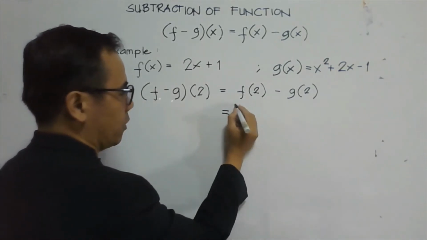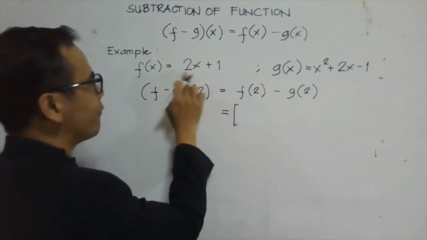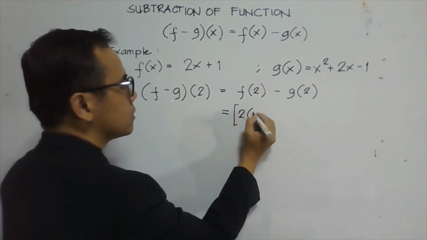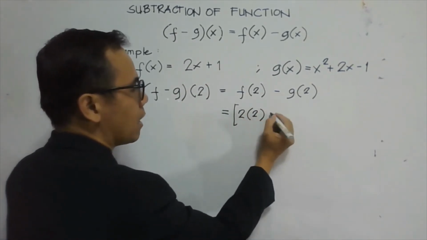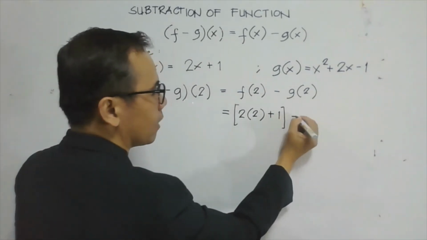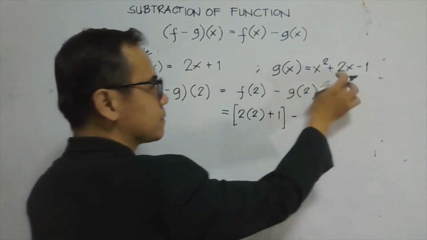So this is now equal to our f of x is equal to 2x plus 1. That is now 2 times 2 plus 1, minus our g of x.